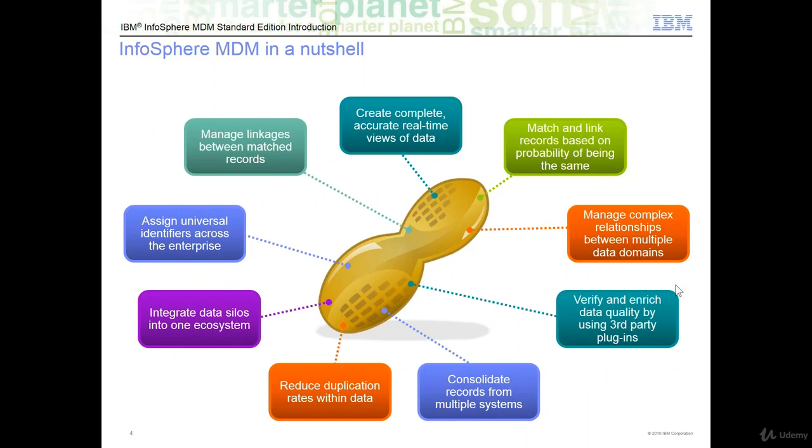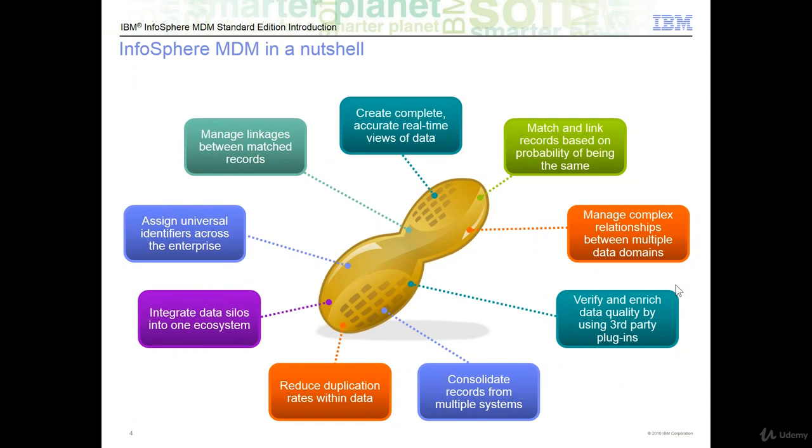Then it manages the complete relationship between multiple data domains, verifying and enriching data quality by using third-party plugins, consolidating the records from multiple systems, reducing duplicate rates, integrating data silos into one ecosystem, and finally assigning universal identifiers across the enterprise.